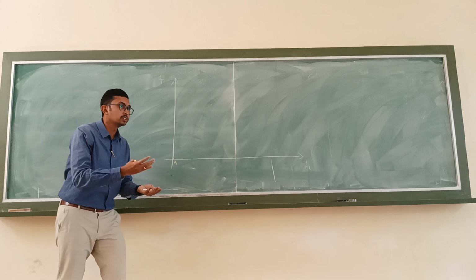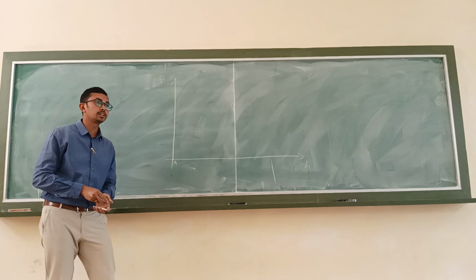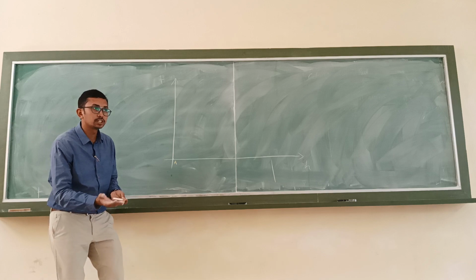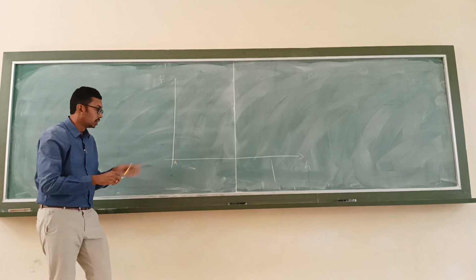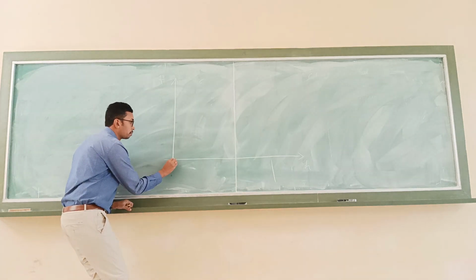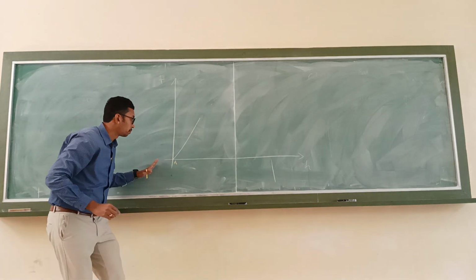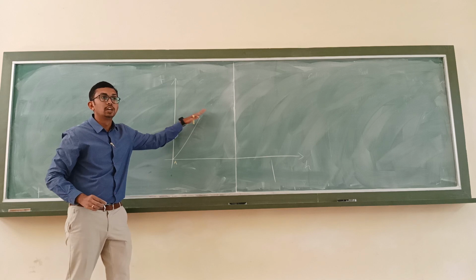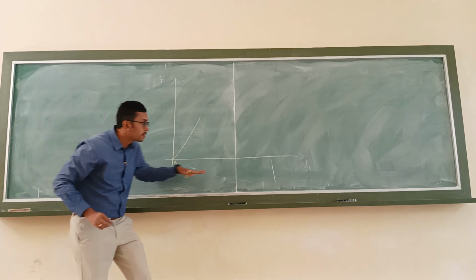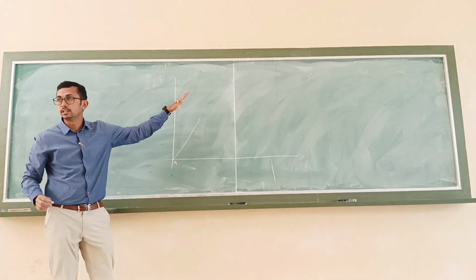Now I am going to supply the heat. What happens to the temperature of the water? The temperature is going to increase. That can be represented in a temperature-enthalpy diagram like this, from point A. Not only the temperature, the enthalpy is also going to increase.